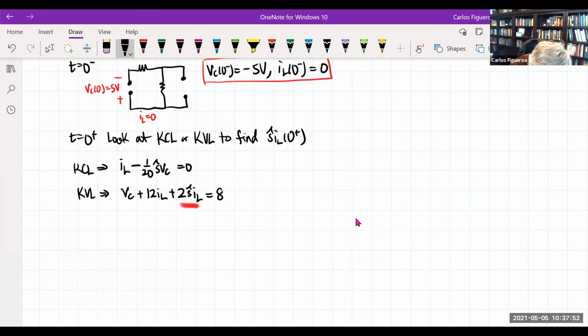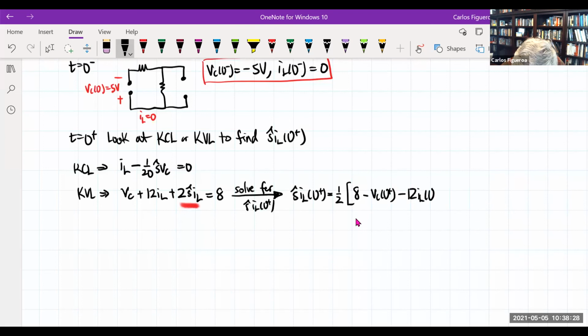So therefore, what I do now is solve for the second derivative of IL at 0 plus. So if I do that, I have the second derivative of IL at 0 plus. I have a half, so I'm going to bring a half there. Then I've got to bring everything over. So then I'm going to get the quantity 8 minus, let me make sure, VC of 0 plus minus 12 IL of 0 plus.